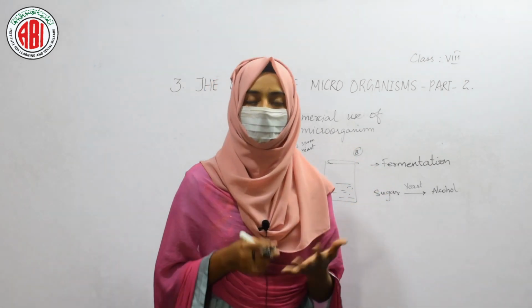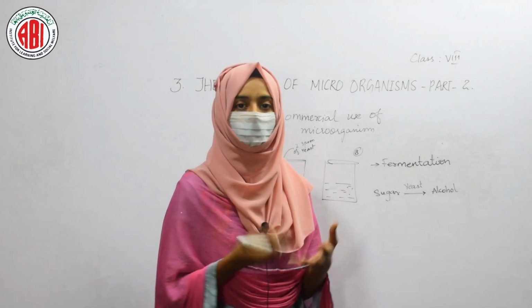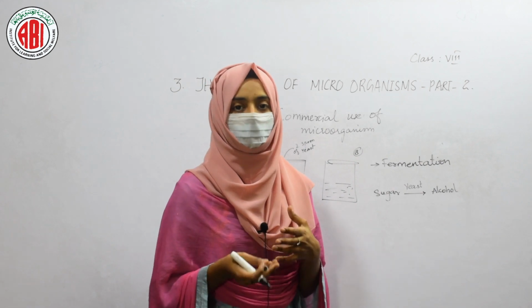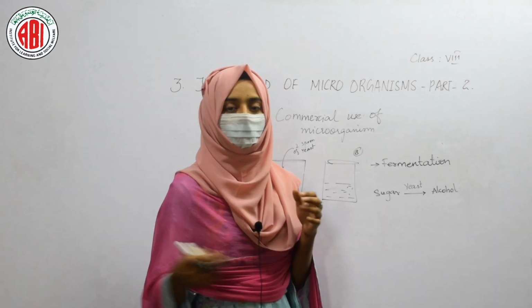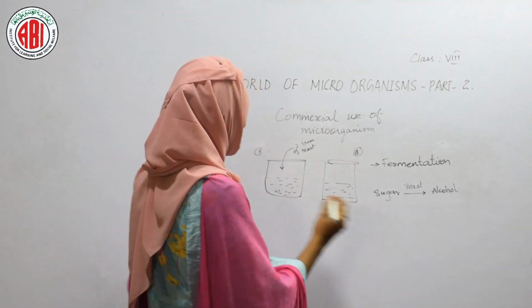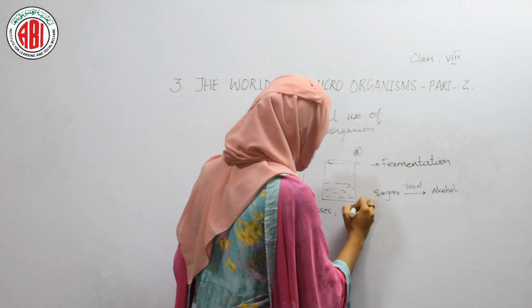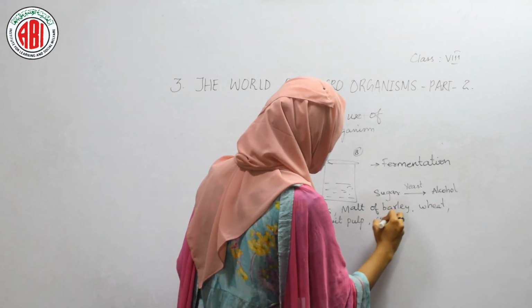Likewise, many other sources can also be taken in order to grow the yeast, on which the yeast feeds and converts that source into other substances that are commercially useful for human beings. Those sources include molasses, malt of barley, wheat, fruit pulp, and crushed grapes.